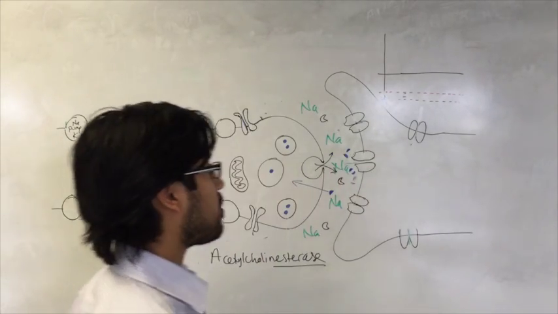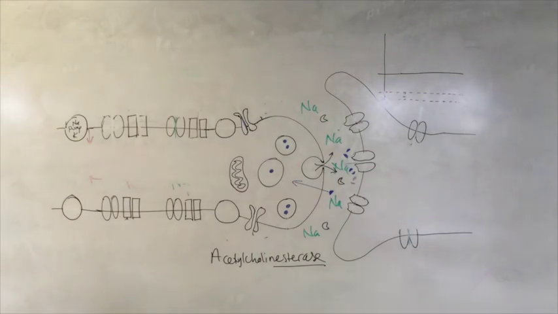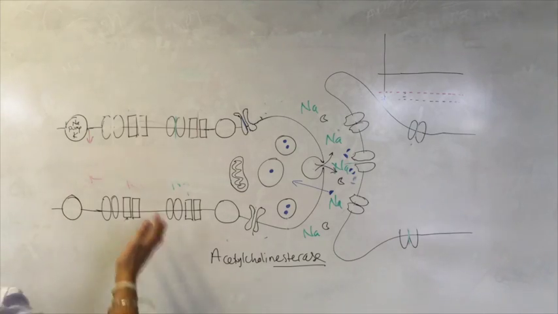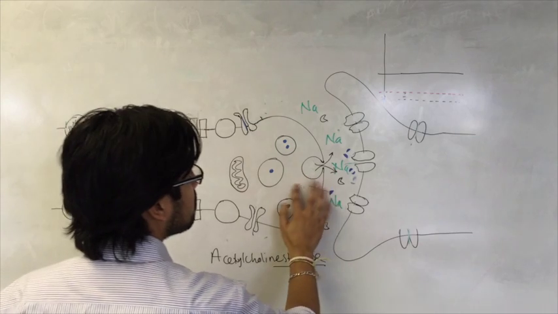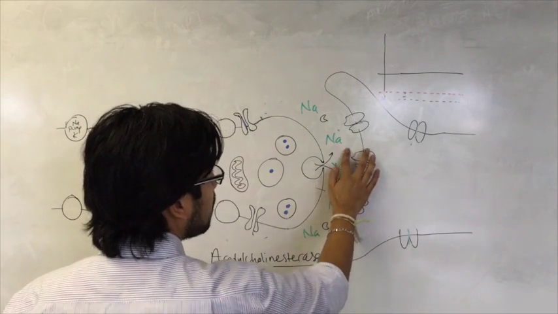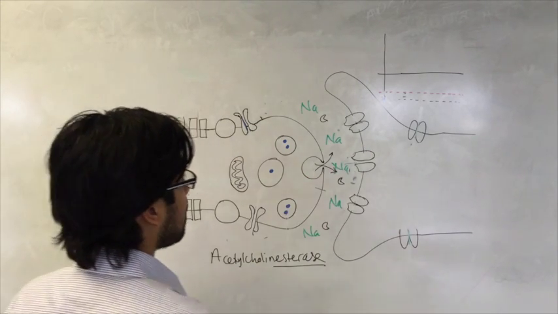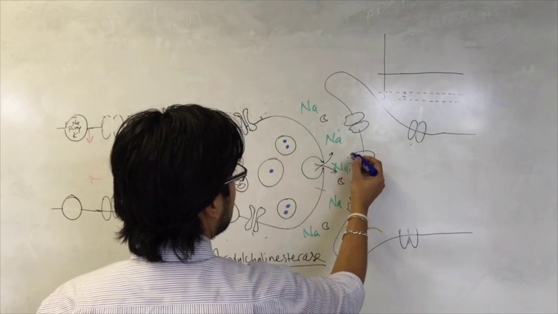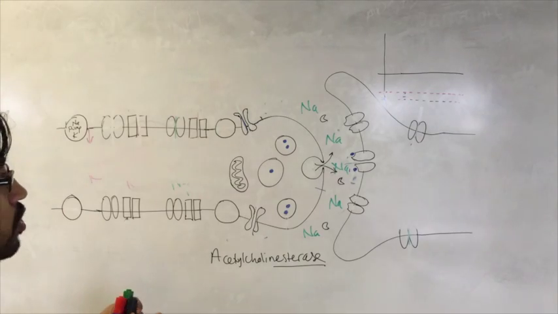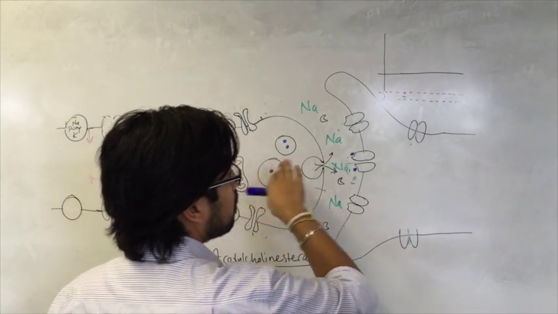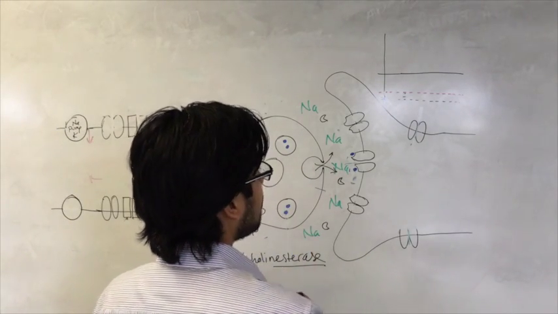It might not be that straightforward. The system might be set up so that one action potential is not enough. So the release of some acetylcholine into the synaptic cleft is not enough. Say this vesicle releases its contents, enough to open one sodium channel, you get a little bit of sodium coming in.